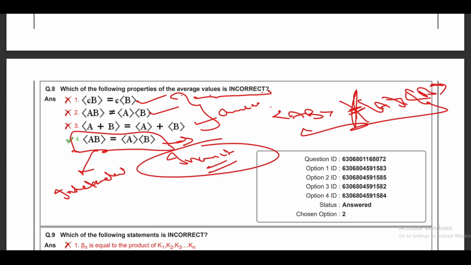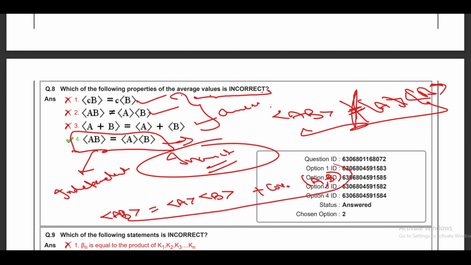This is the case when A and B are independent, but you have to consider that they are in correlation, and if they are in correlation, in that case the correct relation is this. Okay, so if there is a correlation between A and B, this equality doesn't hold, and the correct relationship would include a covariance term, which is this covariance term.